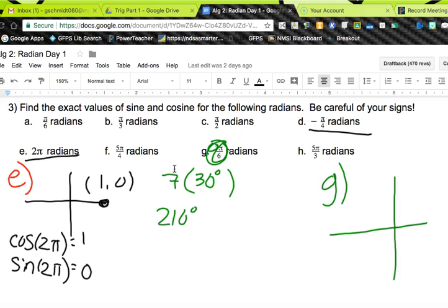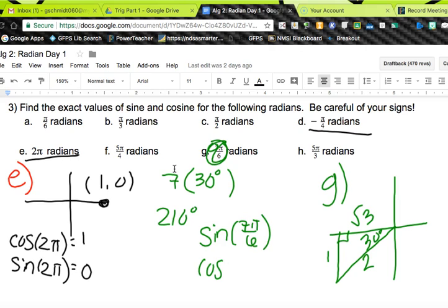What quadrant is 210 in? Third. So 180, how much further do we have to go to get to 210? 30. Is our 1 on the horizontal, the vertical, or the diagonal? Vertical. Across from the 30 is the 1. What's the hypotenuse? 2. What's the long side? So we just figure out our angle, same routine.